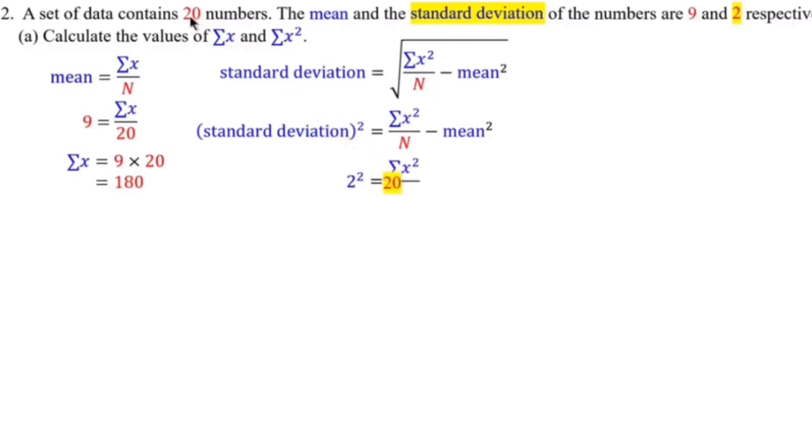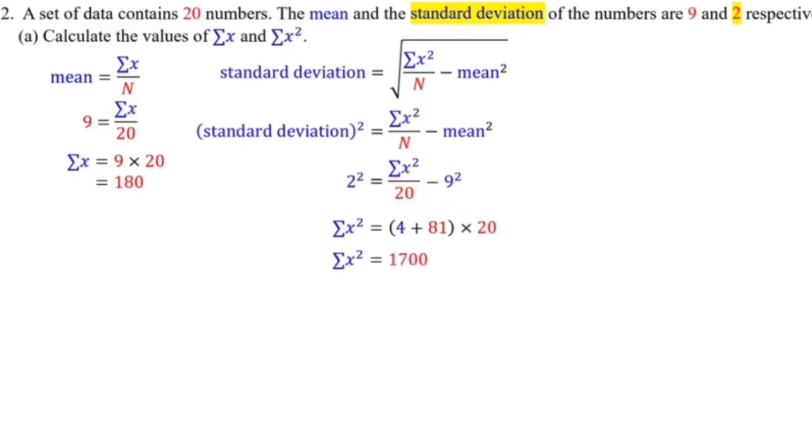So when you want to solve the equation, you have to take 2 square plus, first, 9 square, and then you multiply by 20 and simplify. Your answer is 1700.